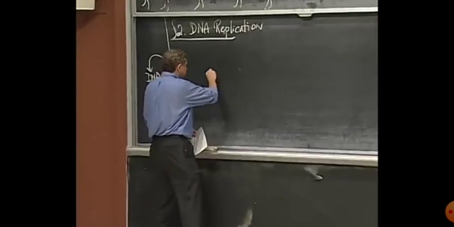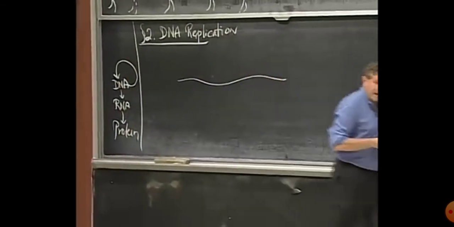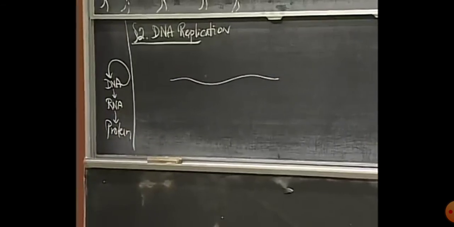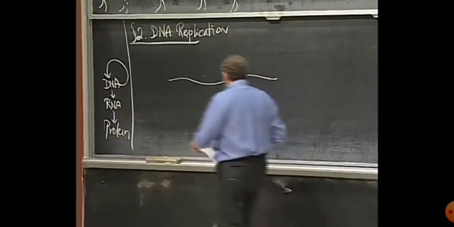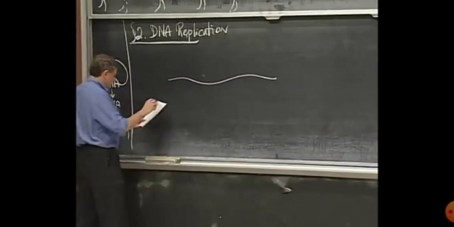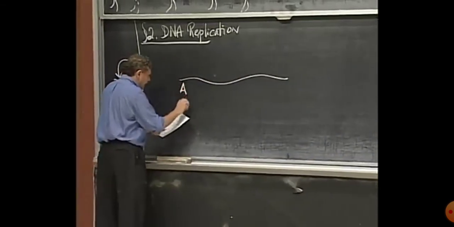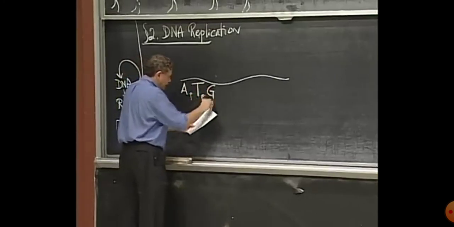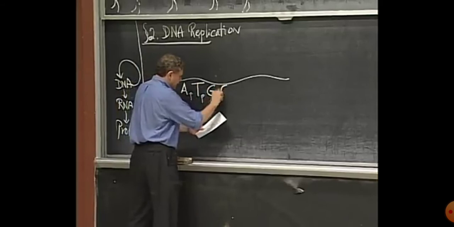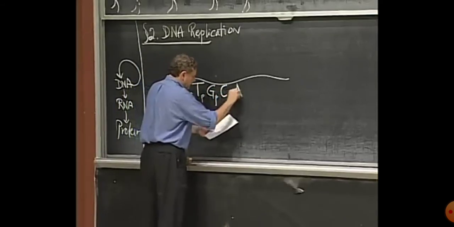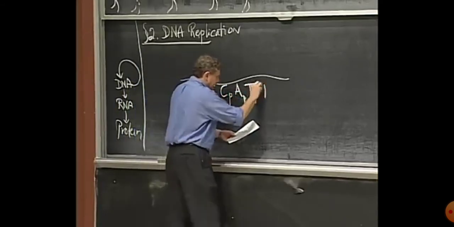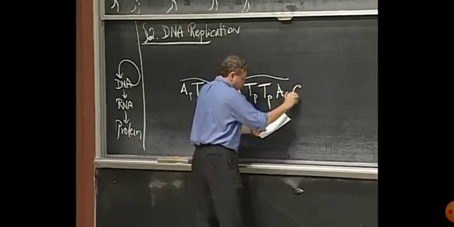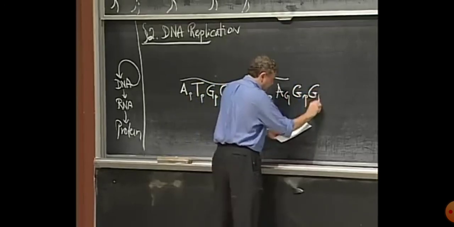So we'll take a template strand of DNA. There's my template of DNA. Let's actually give it a little sequence here. Let's say A, phosphate, T, phosphate, G, phosphate, C, phosphate, A, phosphate, T, phosphate, T, phosphate, A, phosphate, G, phosphate.